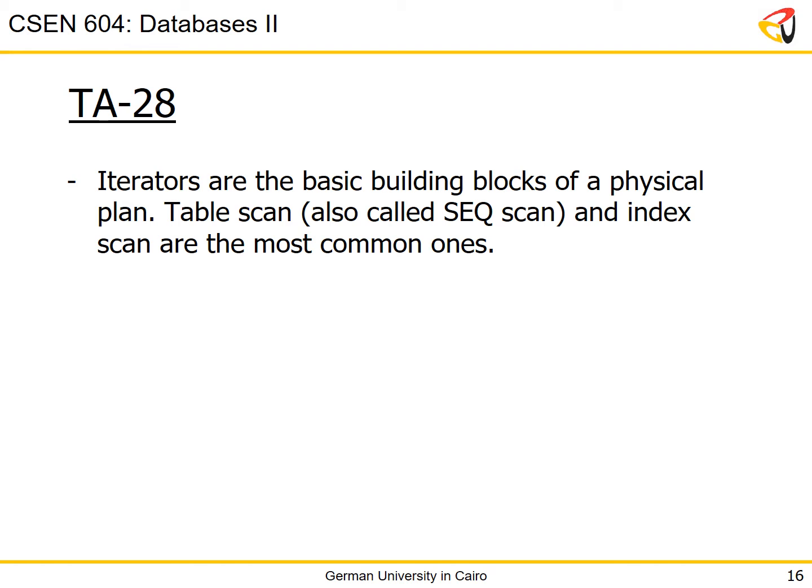You could as well write an iterator that internally uses an index. In fact, in any typical database engine, for every index that is supported as a data structure, there will be an iterator. So there is a B+ tree iterator, and a hash-based iterator, and a bitmap iterator, and it goes like this. Okay?